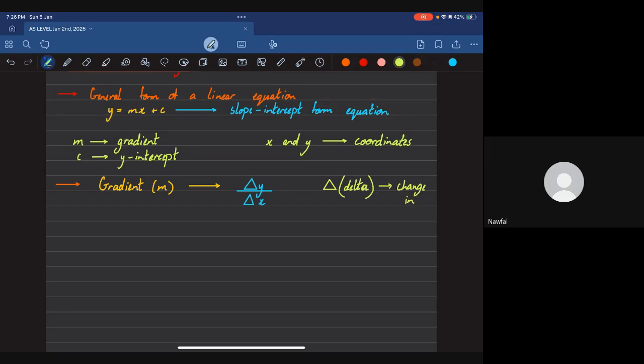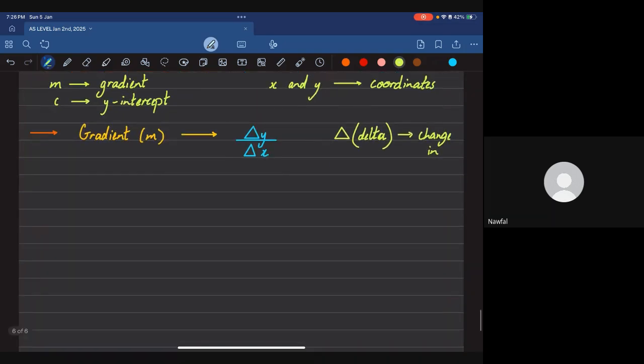All right. Keeping this in mind, how do we calculate the gradient? We already know that, but we can still write it down. It's going to be y2 minus y1 over x2 minus x1. Very basic stuff. But please keep in mind that you do not mix up the proportion of this formula.